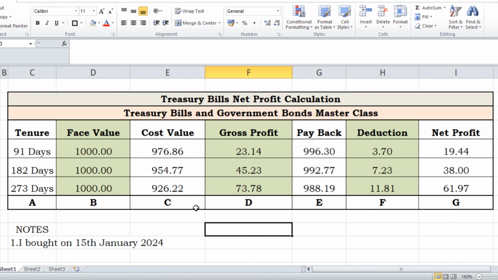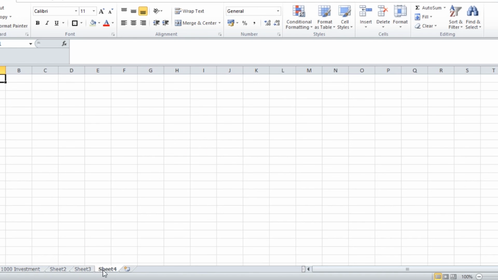So for those of you who are in my private mentorship class, I'm going to give you scenarios. So here we are going to say a 1,000 investment.